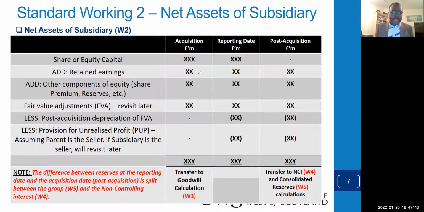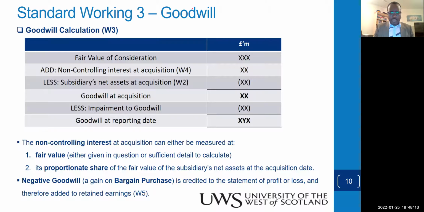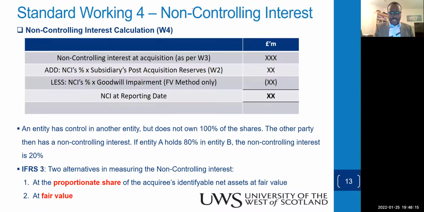We don't have any fair value adjustment, any provision for unrealized profit, no intra-group trading, and no post-acquisition depreciation of the fair value. This was a basic, straightforward one, so we've captured almost everything there. In the question, it is more or less looking at these two elements only. Let's go back to the question.